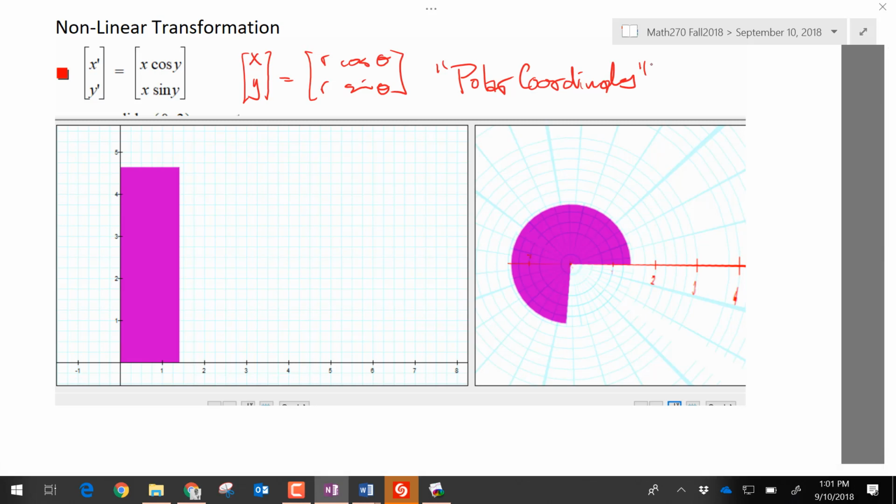Now, in calculus, we would try to force it to be a linear transformation. So what we would do is go back and find derivatives. Remember, a derivative is a linear transformation, and when we linearize something, we often use a derivative to describe the slope and stuff like that.